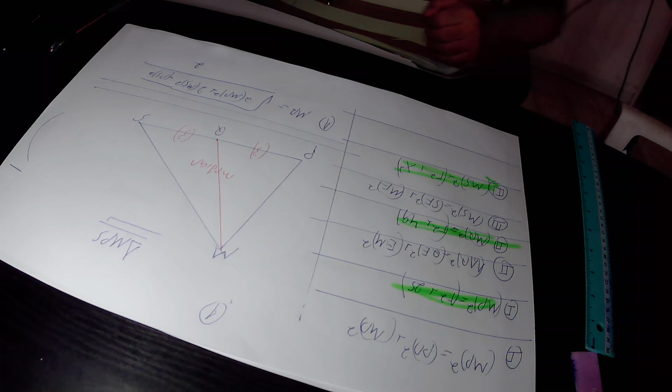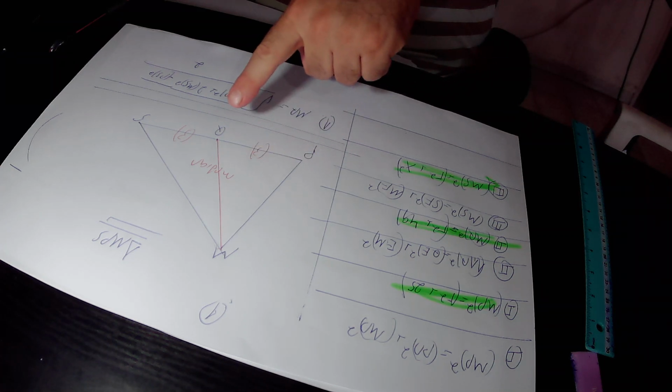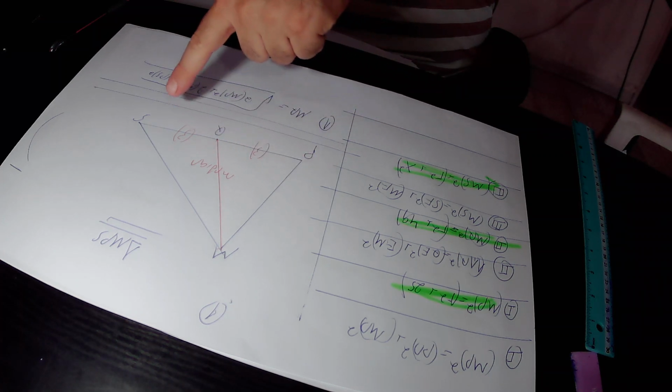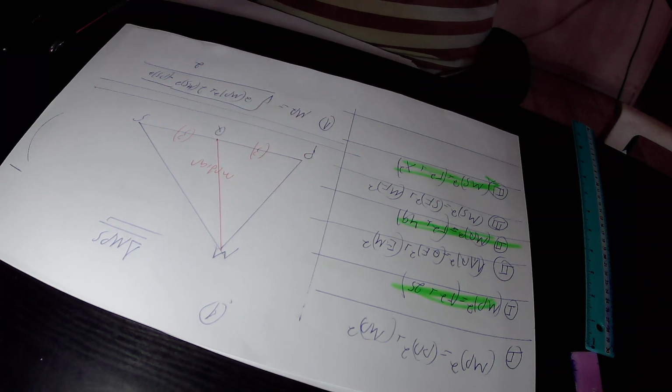Repeat again, the length of the median MQ is equal to the square root of 2 times MP squared plus 2 times MS squared minus PS squared, divided by 2.